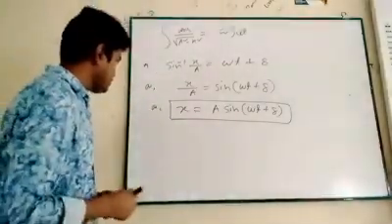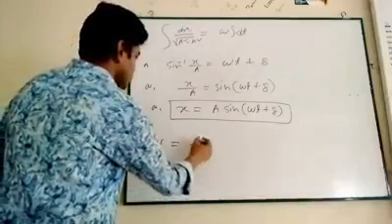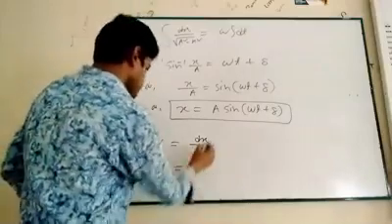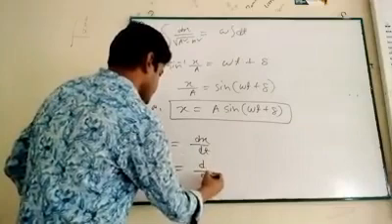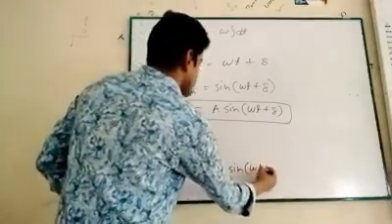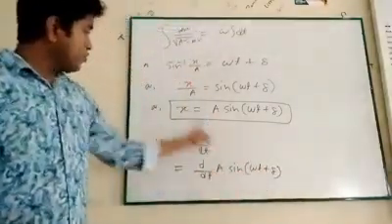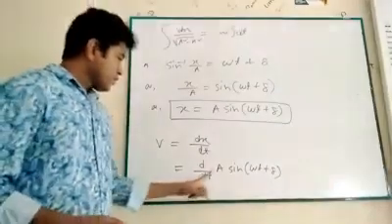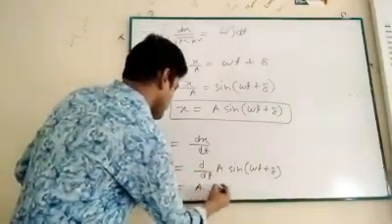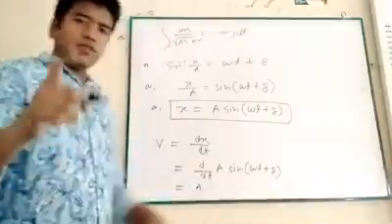And now we'll find the equation of velocity. Okay, we know velocity v equal to dx by dt. We can write d/dt of a sin(omega t plus delta) instead of x, and I have to differentiate. a is constant.